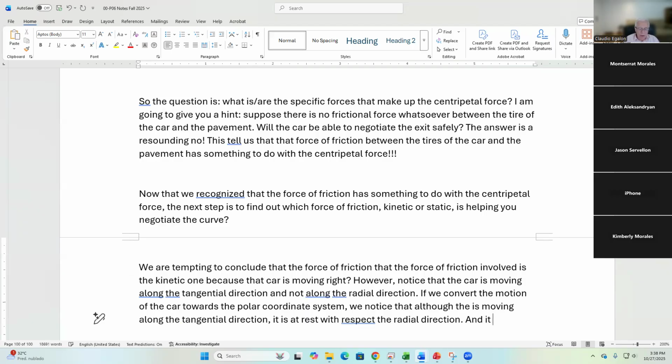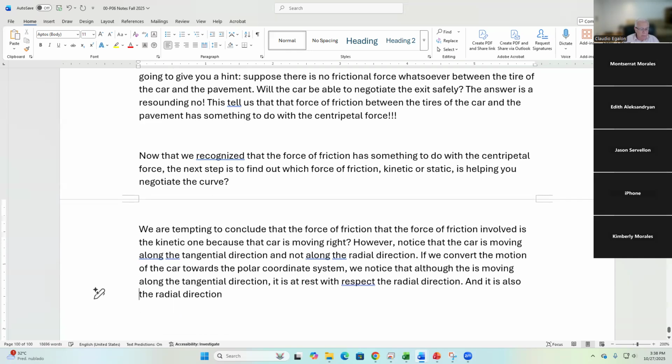And it is also the radial direction and the centripetal force, okay? And the centripetal force is also along the radial direction.